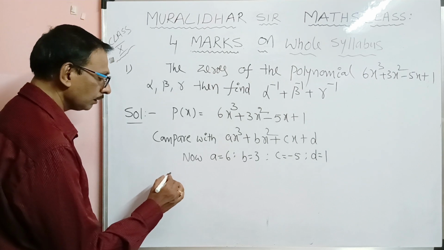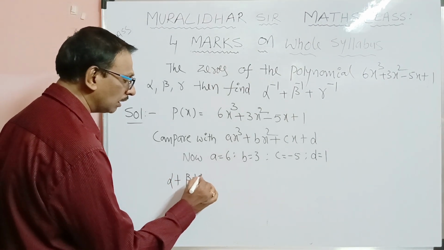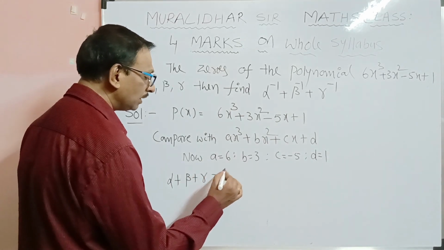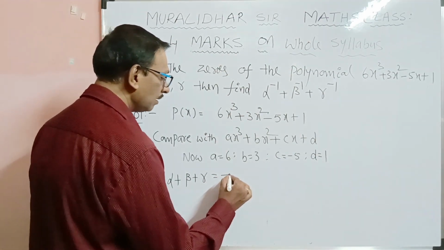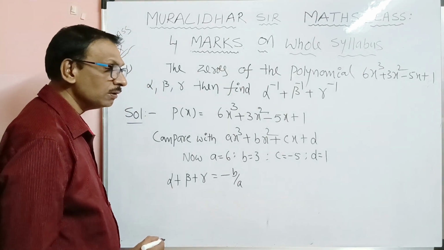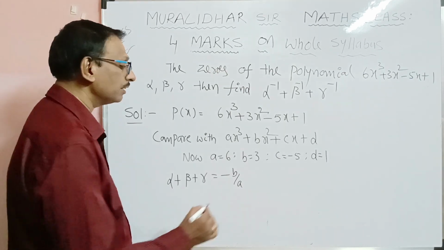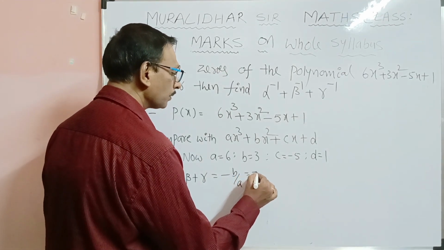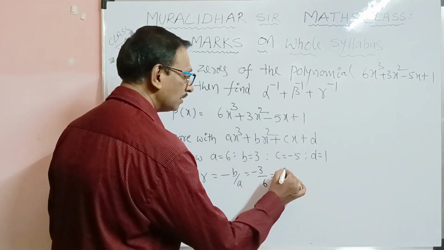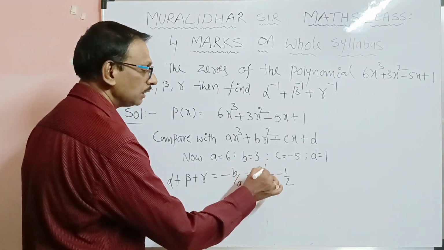Now we know that alpha, beta, gamma are the zeros of the polynomial. Then the sum of the zeros is minus b by a, that is minus of coefficient of x square by coefficient of x cube. Now this value is minus 3 by 6, that is equal to minus 1 by 2.